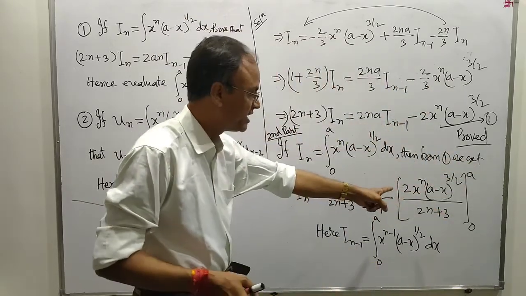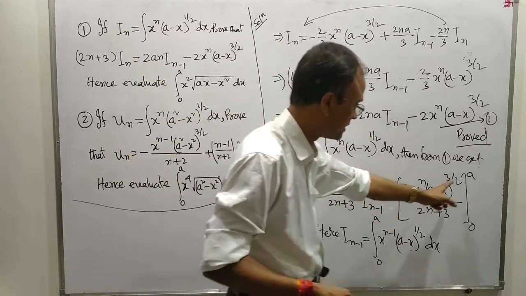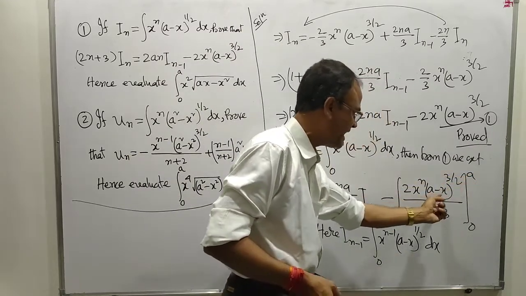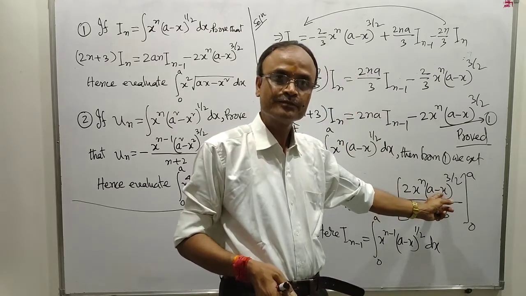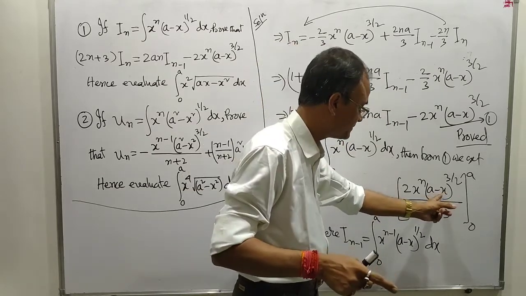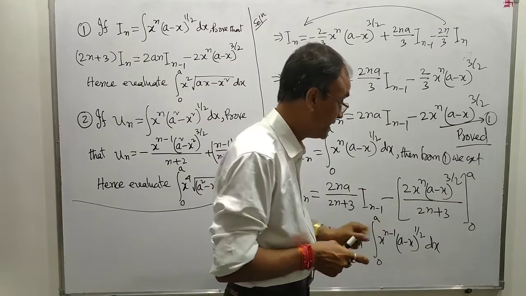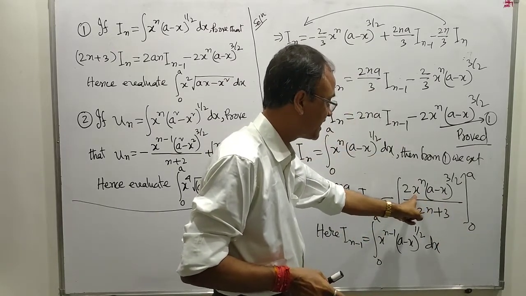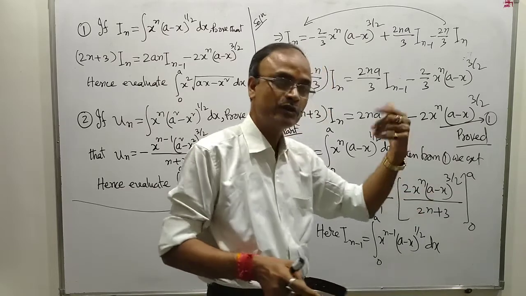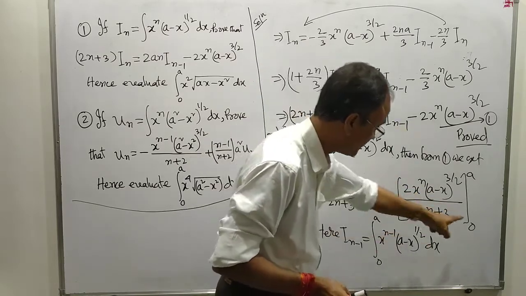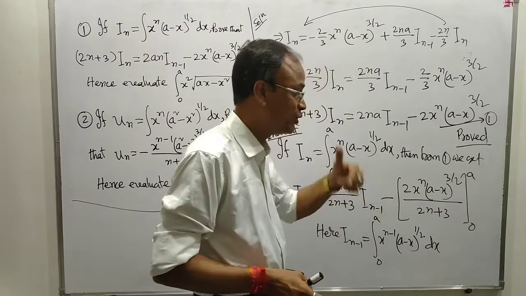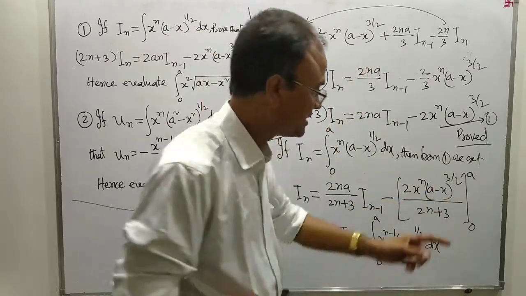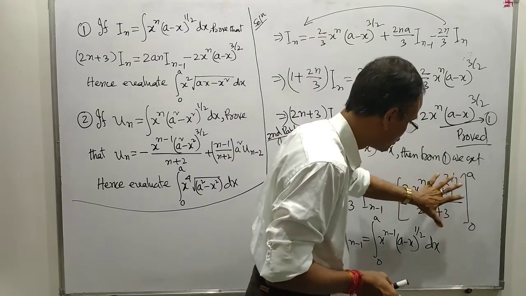Now you see the second term. If you put x equal to a, it will be a minus a, 0. If you put x equal to 0, then x to the power n, 0 to the power n, is 0. If you put x equal to a, this term will be equal to 0. Consequently, there will be no contribution from this term.